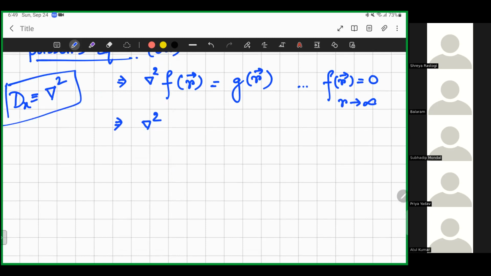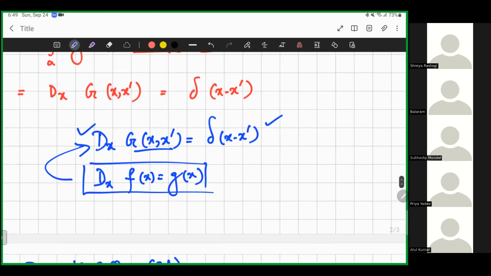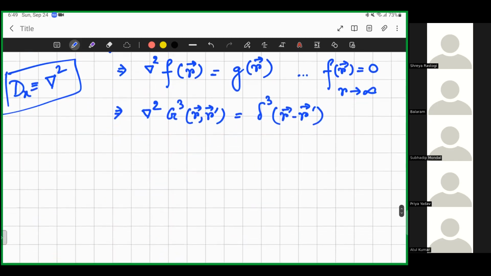So we can write it g of r, r', and there will be a 3 for the 3 dimensions, and the delta function of the third order, 3-dimensional. So essentially this will be the form if we tally with this equation. So here this is for 1 dimension. So essentially there will be 2 more dimensions in the 3D case.